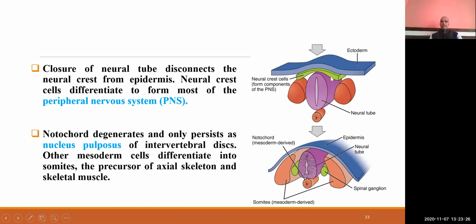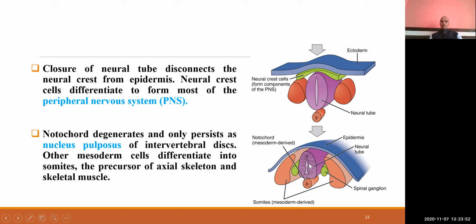This is the neural crest. On closure of the neural tube, the neural crest, the green colored neural crest, separates from the epidermis. And neural crest cells differentiate to form most of the peripheral nervous system.